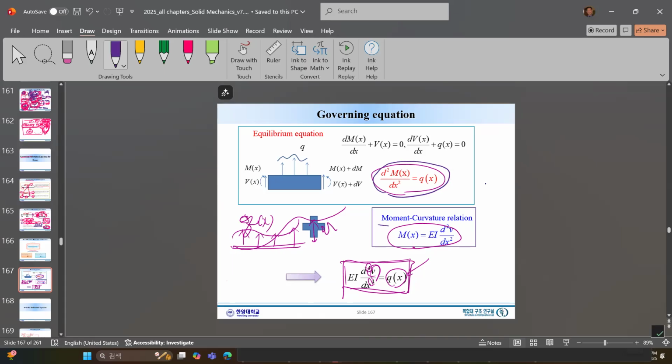And now we already have a moment curvature equation: moment equals EI times the second derivative of V. Let's put these into here. What do we get?